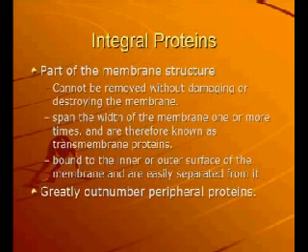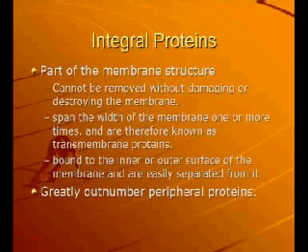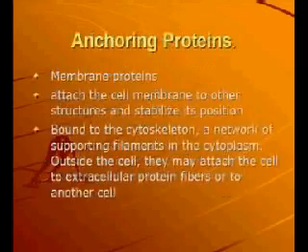They span the width of the membrane one or more times, and because they span the width of the membrane, they are referred to as transmembrane proteins. Peripheral proteins are bound to the inner and the outer surface of the cell membrane and are easily separated from it. They greatly outnumber integral proteins.